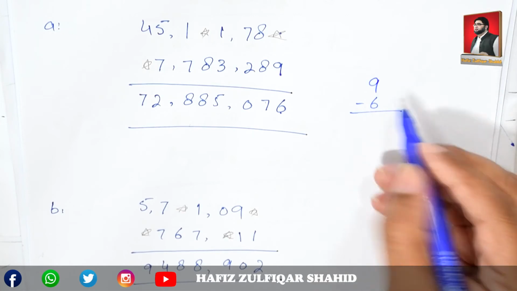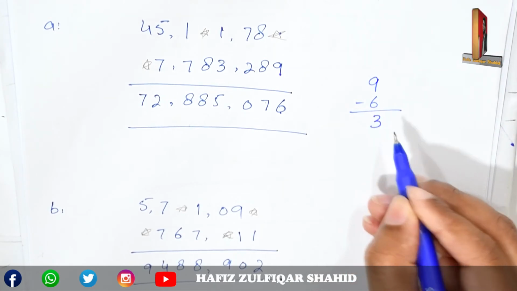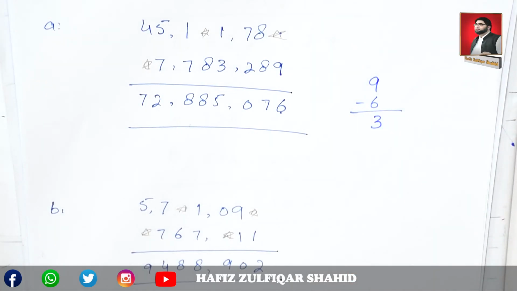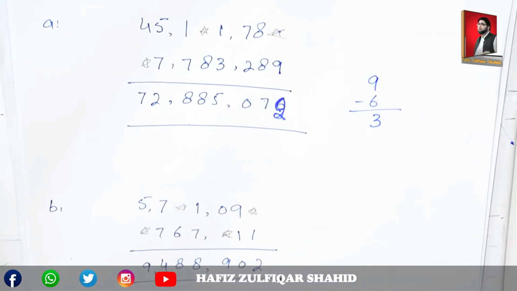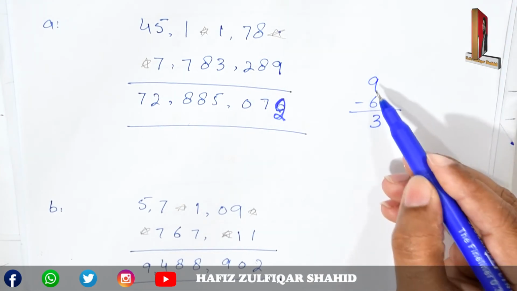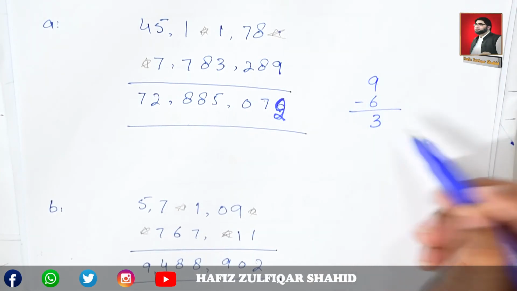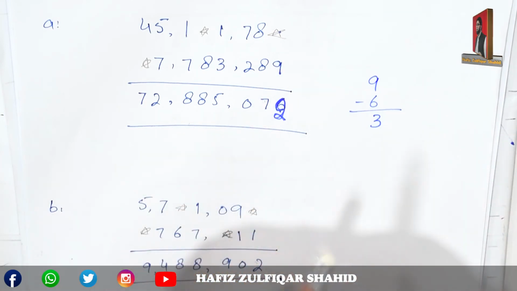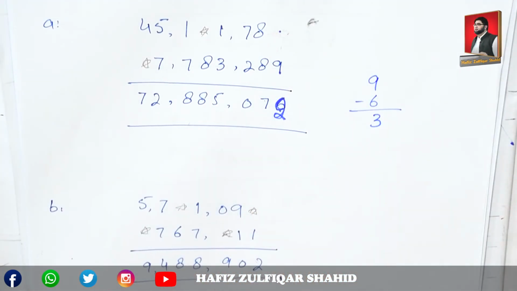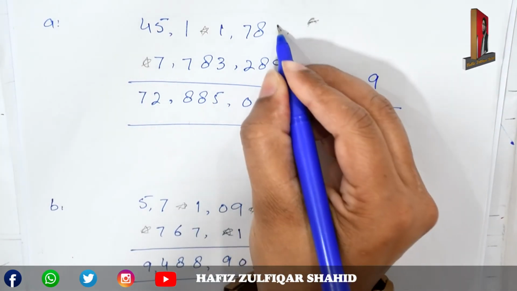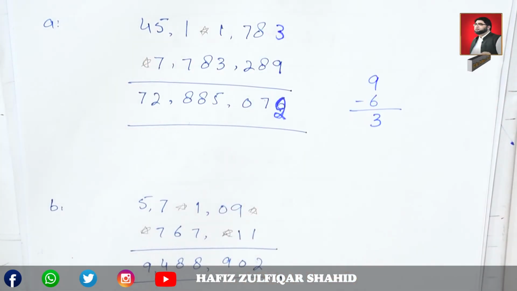Subtract 6 from 9, it will be 3. See students, when we subtract 6 from 9, we get 3. Now we will write 3 in the empty space. I am going to fill this place.